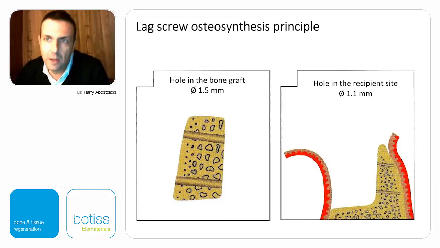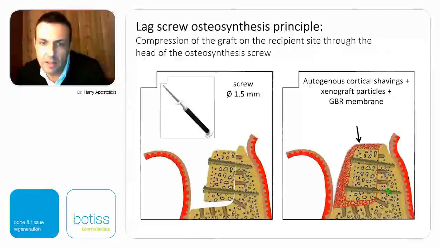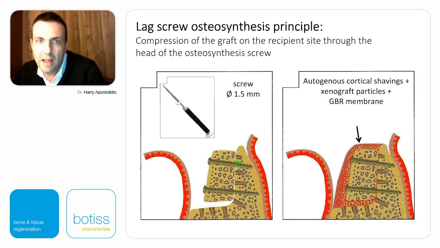So how do we fixate our bone block? We make the hole larger in diameter in our graft and smaller in diameter in our recipient bone, and then as the screw goes in, it slides through the graft and engages into the recipient bone, and the graft is compressed through the head of the osteosynthesis screw.